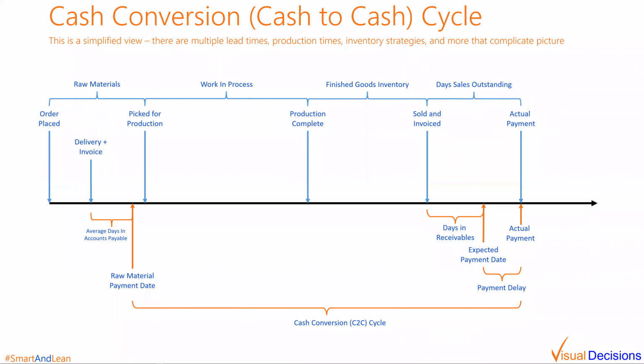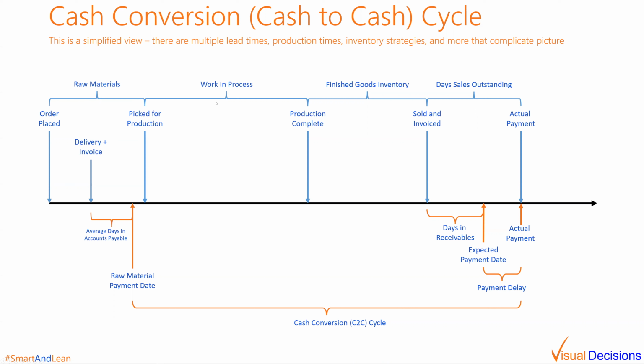All right, so if we look at the definition of the cash cycle or the cash conversion, this is a simplified view. Looking at a single product with basically a single raw material, we can see when the order is placed for the raw material at the very beginning, when delivery happens and invoicing occurs, how long it takes for those raw materials before they're picked for production.